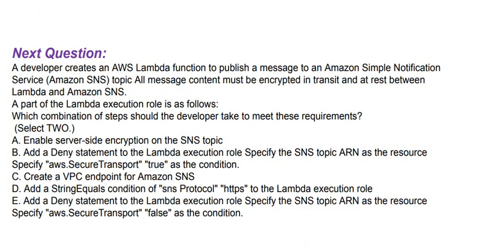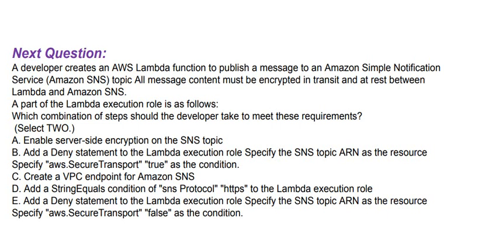Option B. Add a deny statement to the Lambda execution role. Specify the SNS topic ARN as the resource. Specify aws:SecureTransport true as the condition. Option C. Create a VPC endpoint for Amazon SNS. Option D. Add a StringEquals condition of sns:Protocol HTTPS to the Lambda execution role.